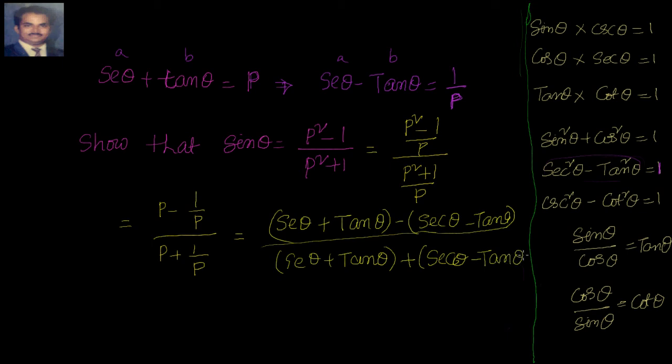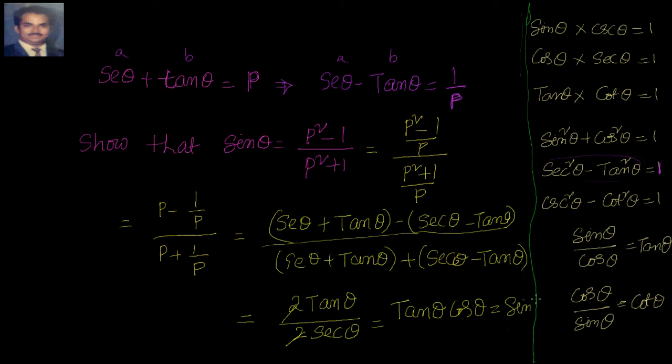If I simplify this, I can see that secant cancels. I get 2 tan theta by 2 secant theta. Cancels. Becomes tan theta into cos theta, nothing but equal to sin theta.